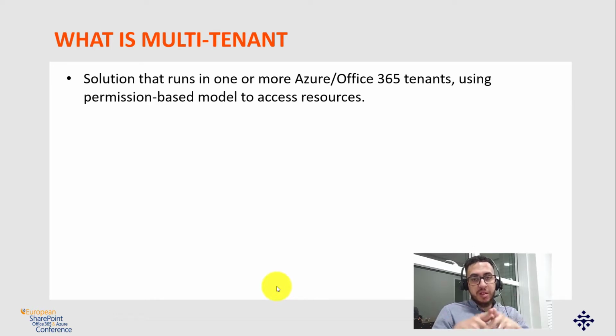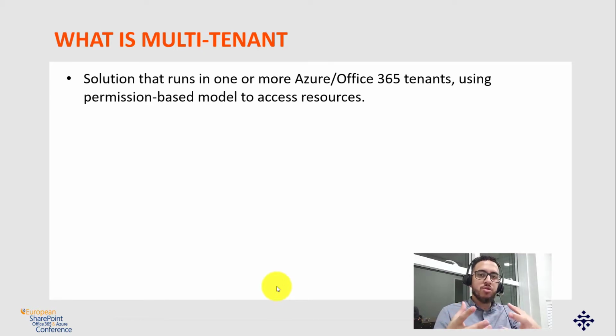Okay? And the difference between a multi-tenant and a single-tenant application is that when you create a single-tenant application, it will be registered, hosted, and will run in the context where it's installed. So we create one application, register it, ask for permissions, and it will run only in my tenant, only in my context.